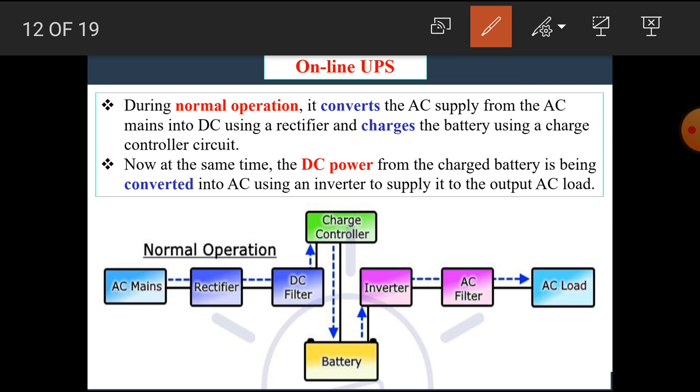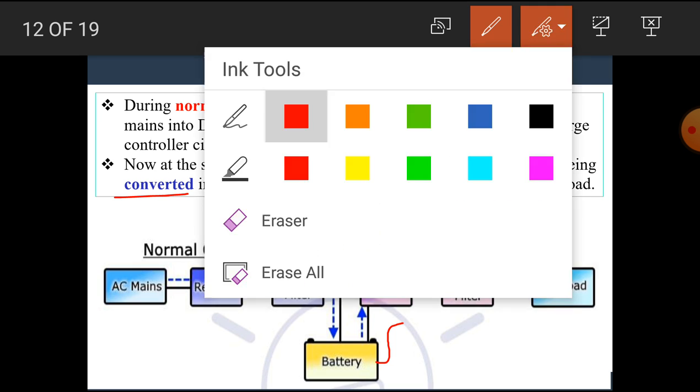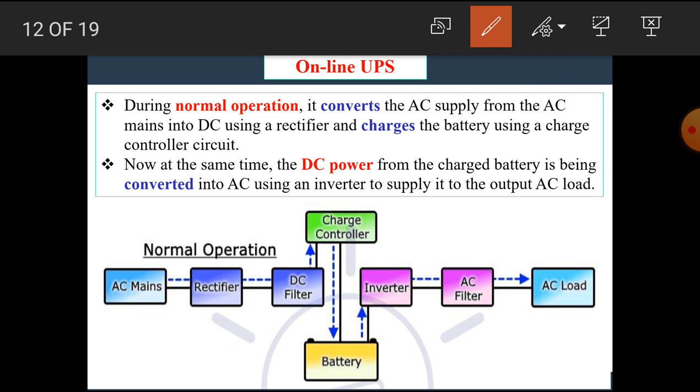Now at the same time the DC power from the charged battery is being converted into AC using an inverter to supply the output to the AC load. I hope you all understand this function. Let's see once again. The AC main is given to the rectifier. That means AC is converted into DC in the rectifier. This DC is smoothened in this filter and given to the charge controller.